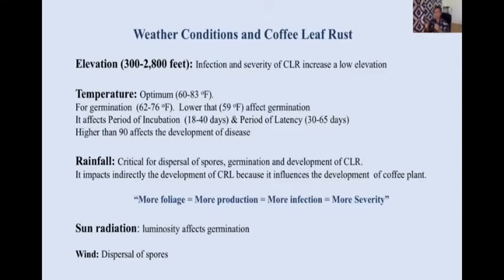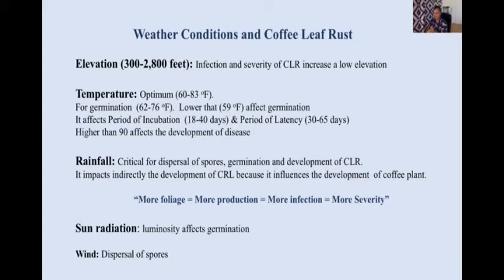So all of these factors are relevant in the development of the disease. Rainfall is really critical because indirectly it tells you how the coffee season is going to move between production of foliage, flowers, and berries. And what happens with this disease? Like Lisa told before, it is a parasite that depends totally on the coffee plant.